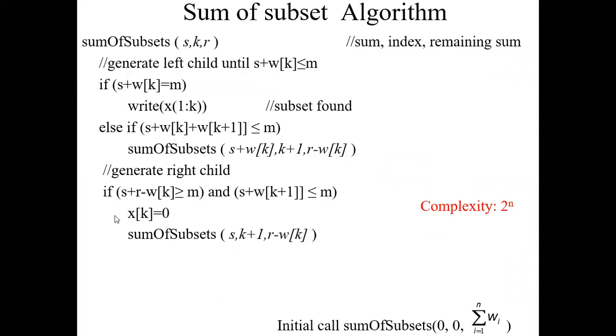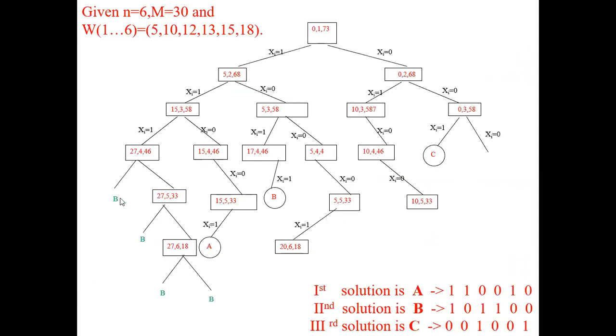Is less than or equal to m being satisfied? Add this child node where we will include the next item: 27 plus how much, 13, that is 40, that is exceeding 30, no? So both the conditions are being satisfied. So you have to mention that condition number 1 and number 2 is being satisfied. That is why this is being bounded.